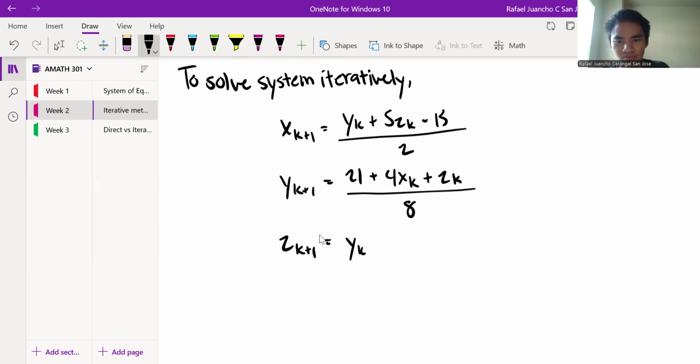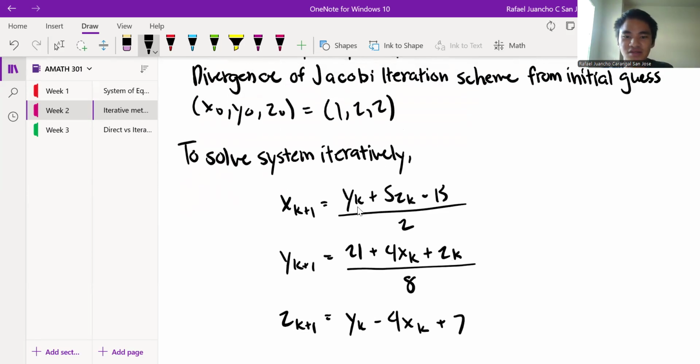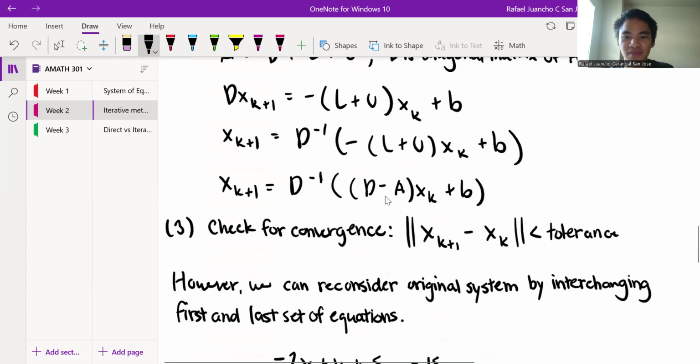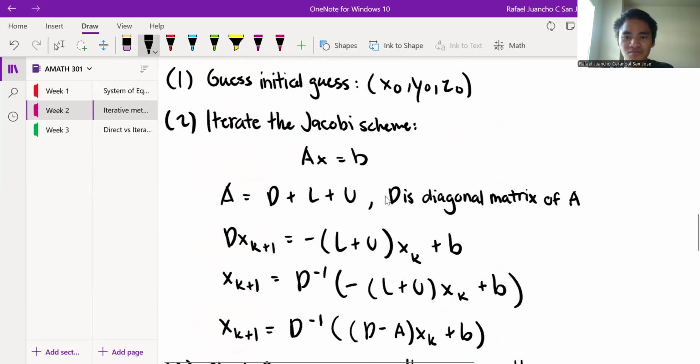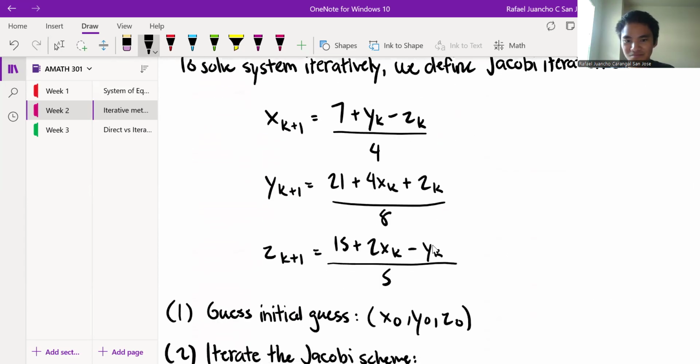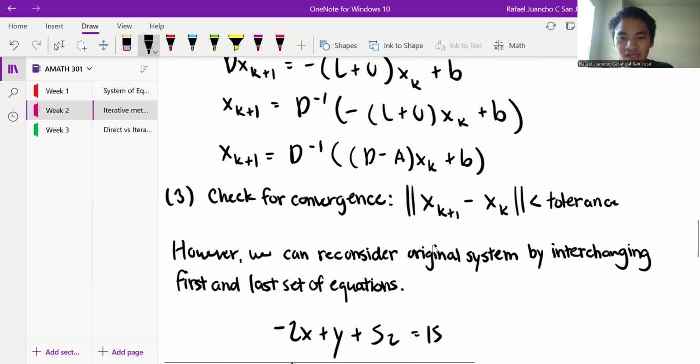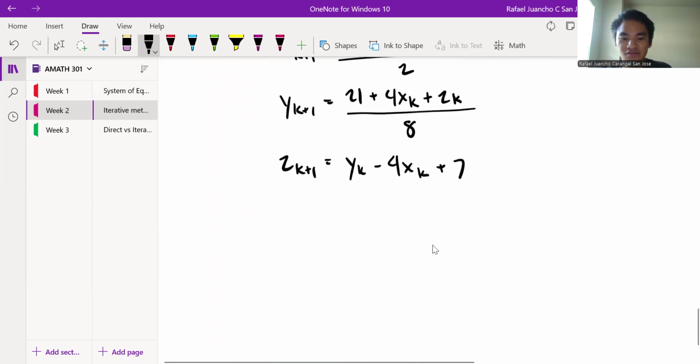Yk minus 4xk plus 7. So here we see that this iteration scheme is different from this one, right? And here it doesn't converge.